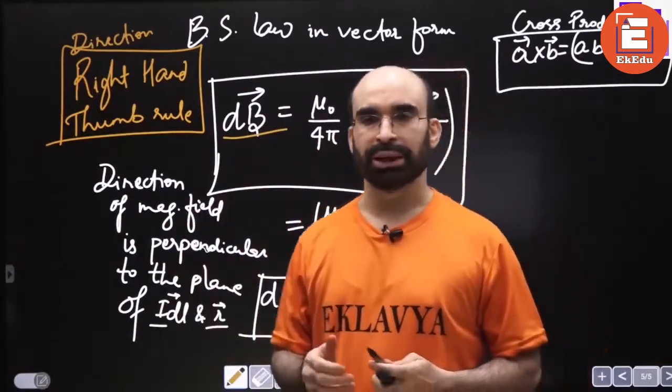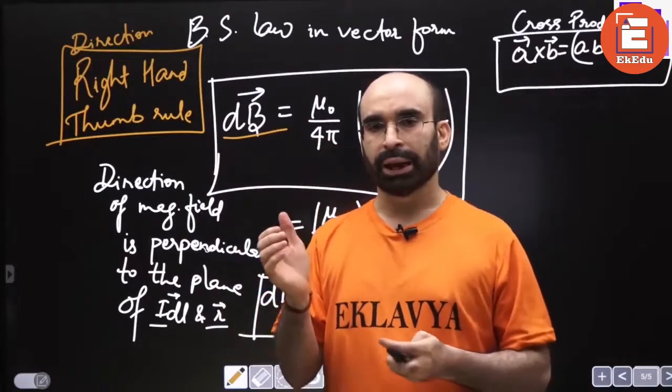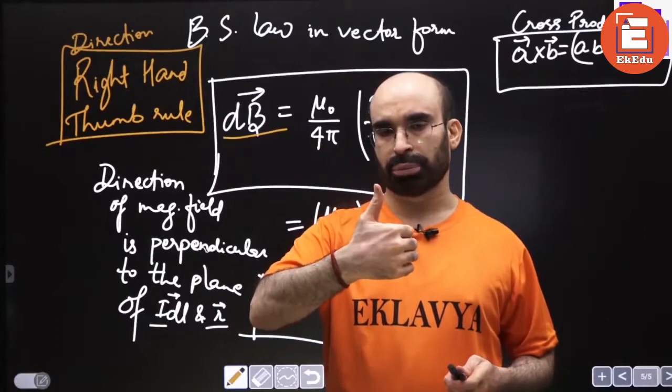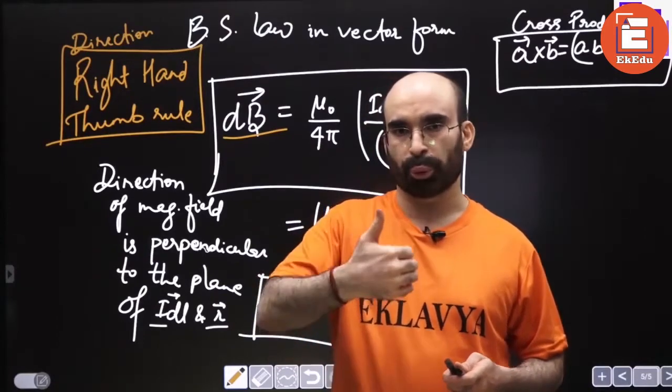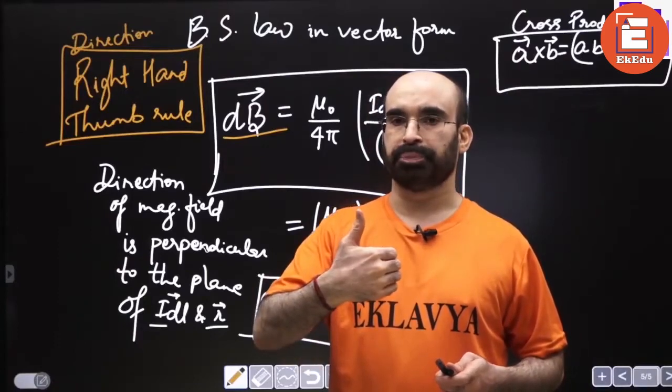How is it going to be? Just hold your right hand, curl your fingers, and notice the direction of the thumb. The direction of the thumb is in this direction, when you are curling it like this.